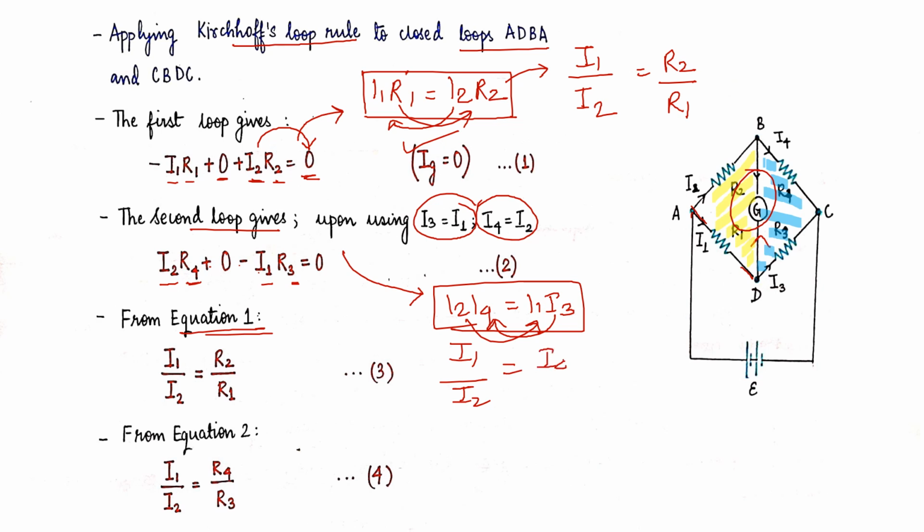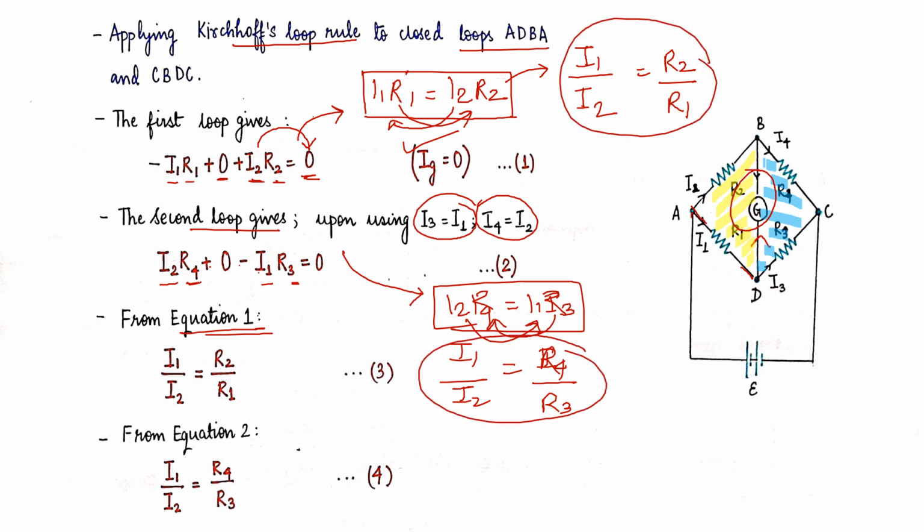It will be I4 upon I3, which is R4 upon R3. Now we have two equations giving the value of I1 upon I2, equation number 3 and equation number 4.